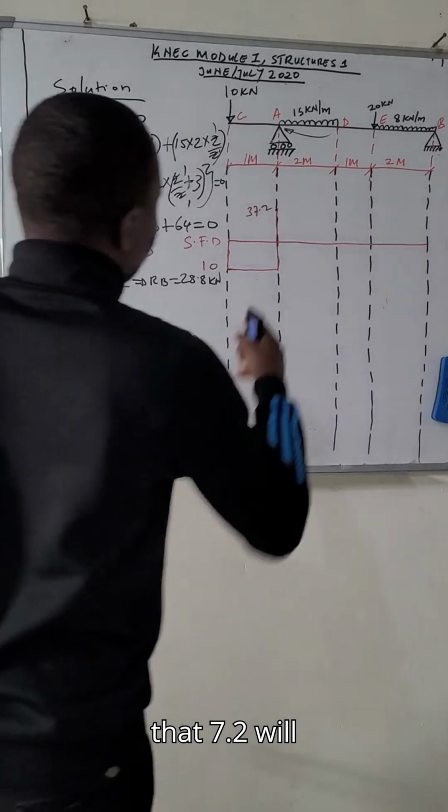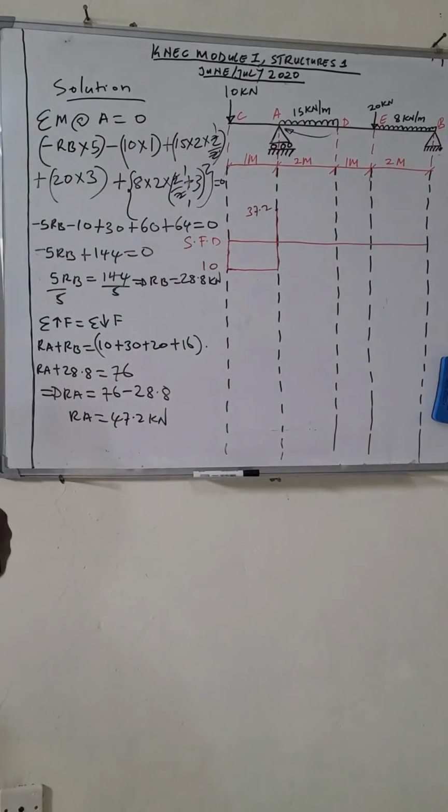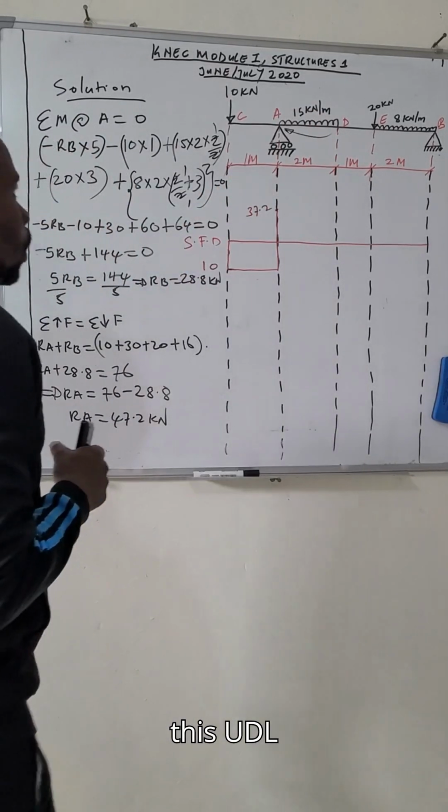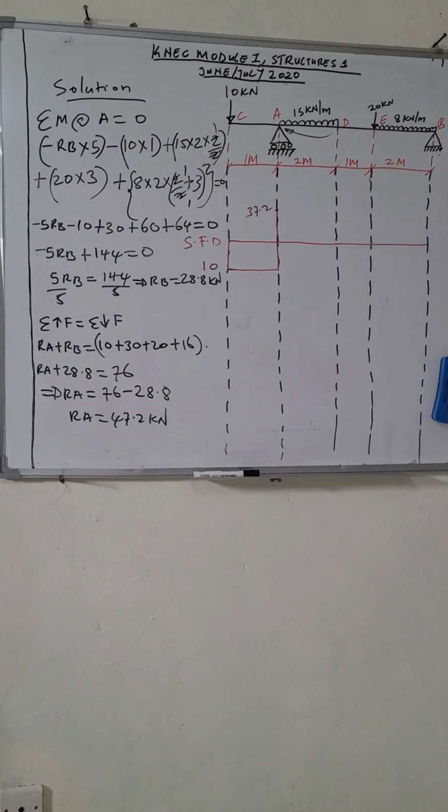After that, 7.2 will subtract this UDL, which is 15 kilonewton per meter, but you first convert it to a point load by multiplying the distance covered by that UDL. So minus 15 times 2, that is 30.